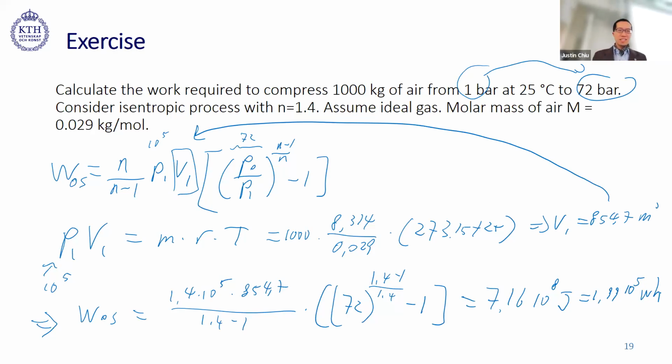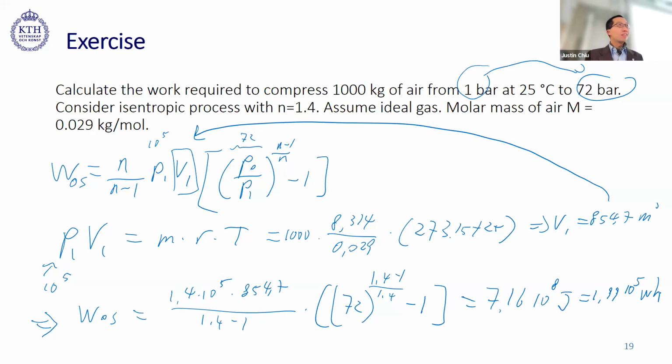This will be the result. And if we know that we want to do this within, let's say, 1 hour, we divide this by 1 hour, we get the power. If we have a requirement of doing this in half an hour, then we just divide this by 0.5 to get the power. Because this is the energy, but it doesn't show us the power, the time frame.